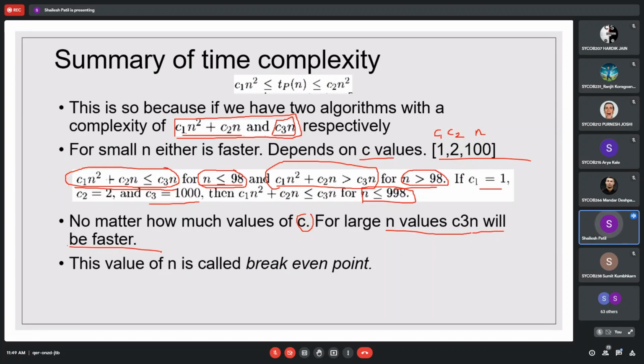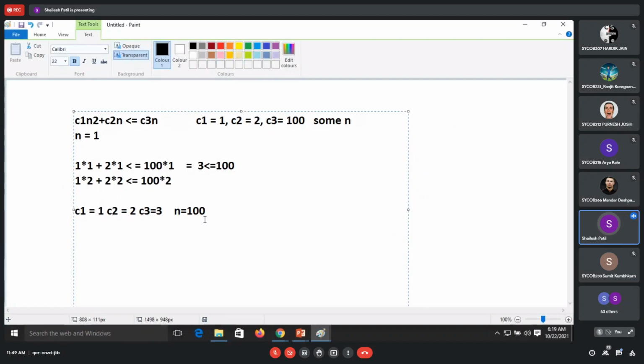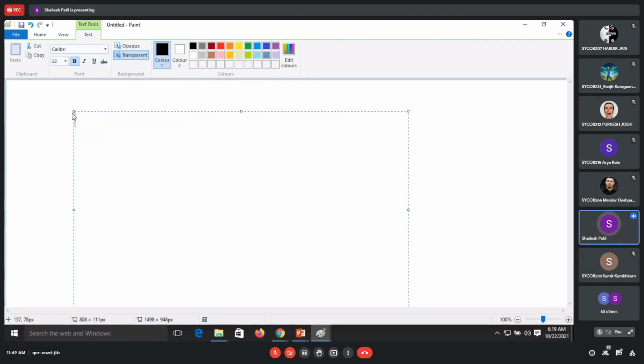We can take a few more functions also and compare like this. Say 2n plus 3 is greater than or equal to n. Likewise, for some formula it will always be greater.